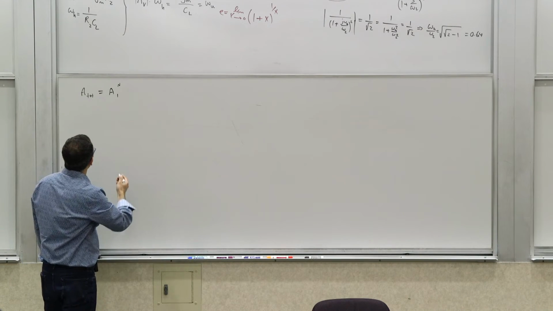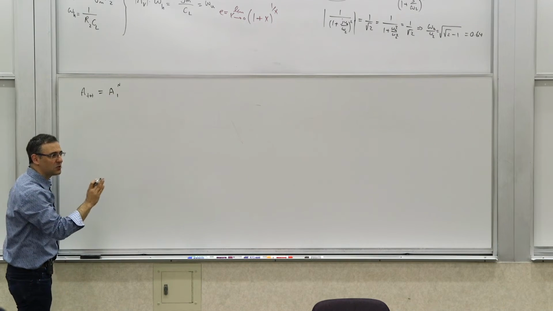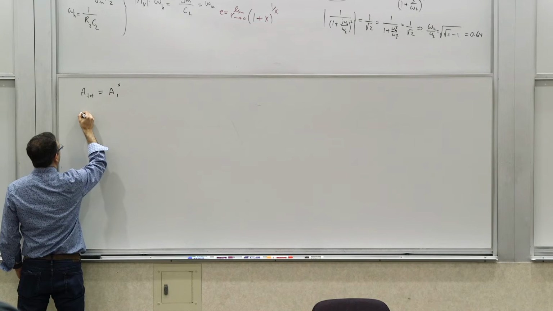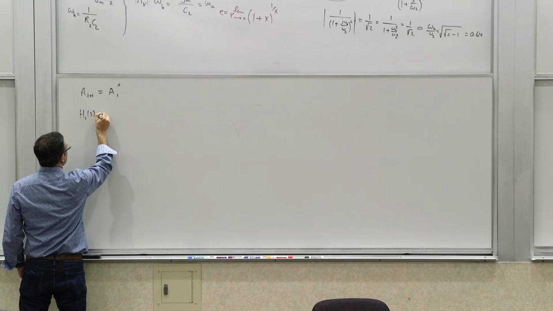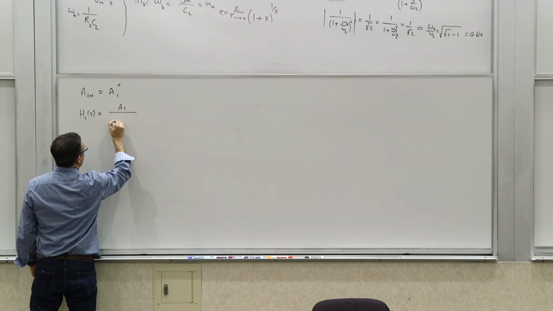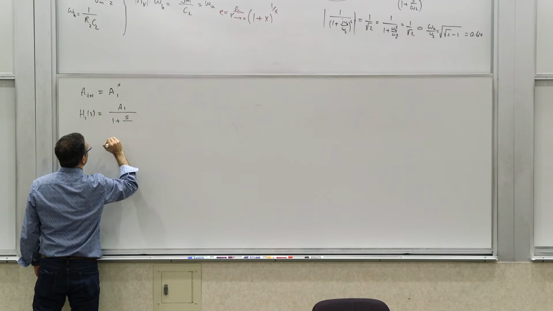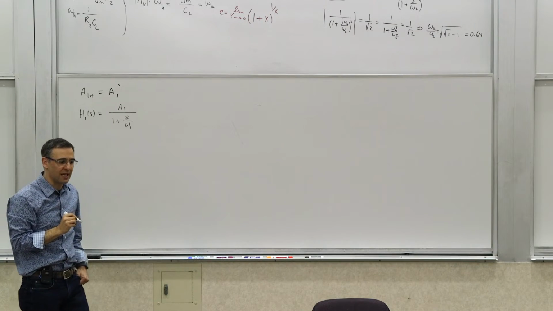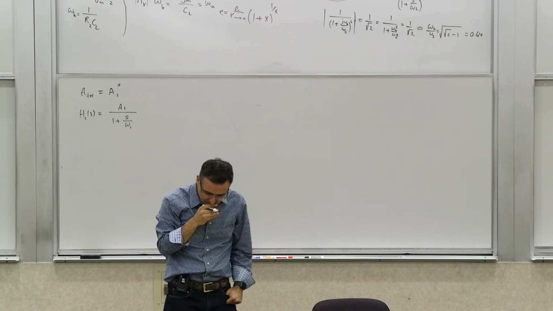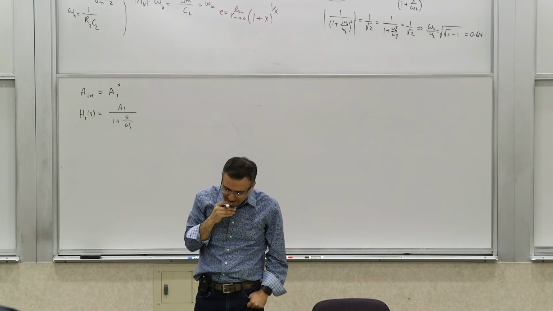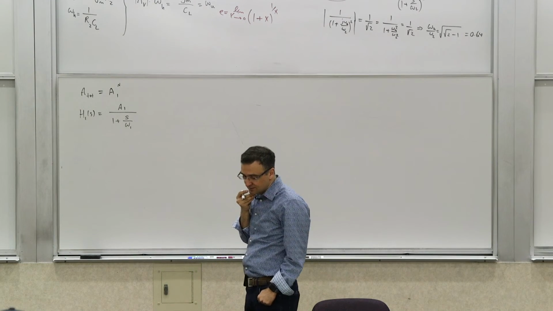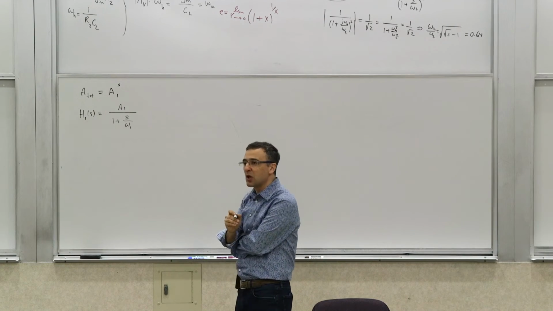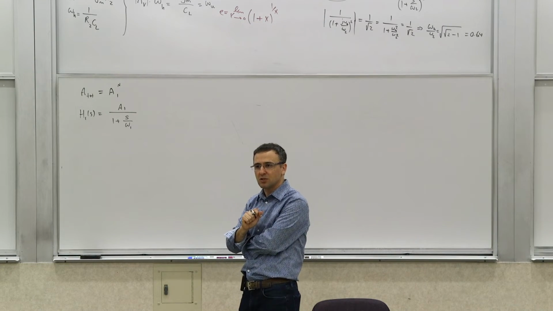Now, what is the transfer function? Let's say each one of them has a first order transfer function. Let's make a very simple assumption. So for each stage, H1(s) is A1 over 1 plus s over omega 1. Now, we want to solve for the bandwidth of this new system.